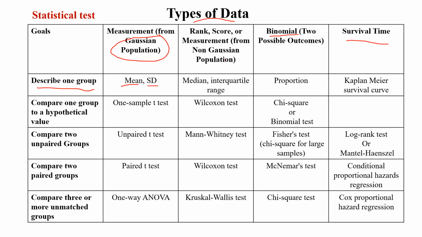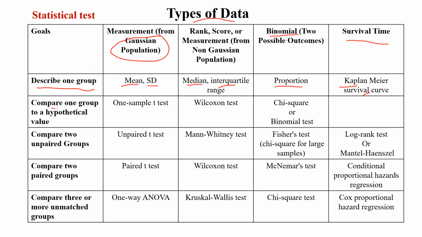If it is from a non-Gaussian population, then we can calculate median and interquartile range. If it is binomial categories, then we can calculate proportions. And if it is survival time, we can calculate the Kaplan-Meier survival curve. Same way, here we have a single group.